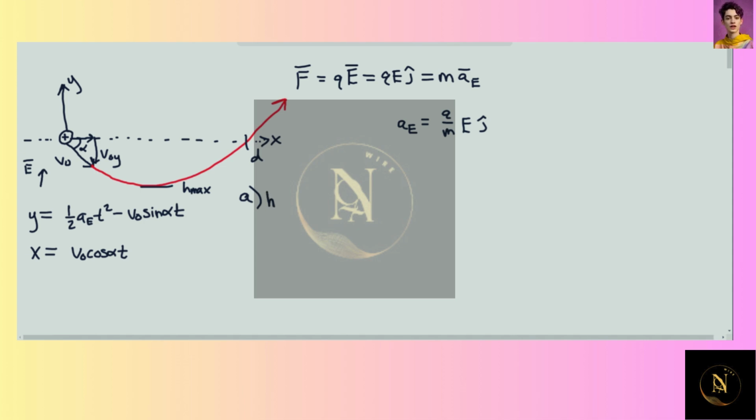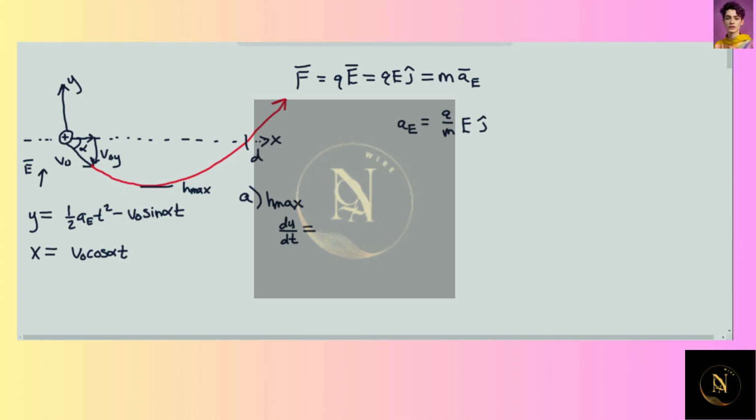H max will occur when the velocity, dy dt, is equal to 0. So it changes from a negative velocity to a positive velocity. It's instantaneously at rest, and that will be h max.